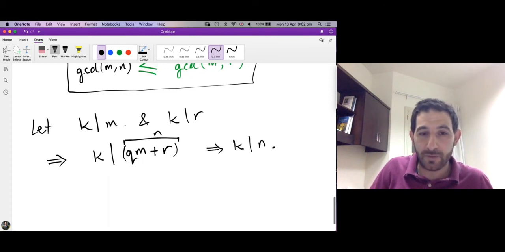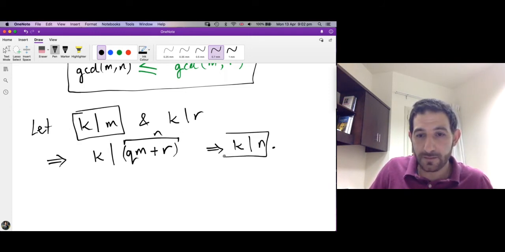So K divides n. So what did we figure out? That any common divisor of m and r divides m and divides n.